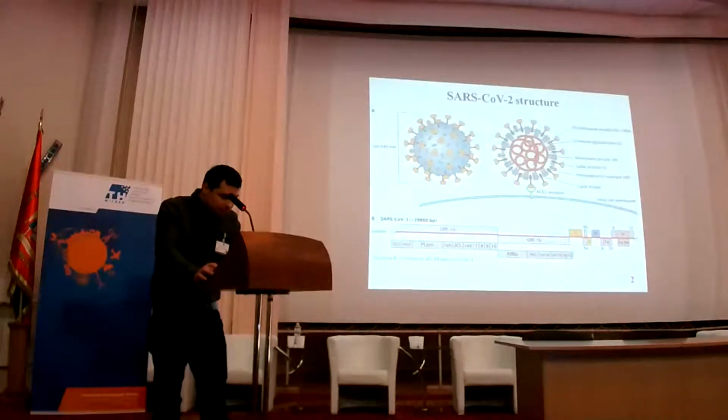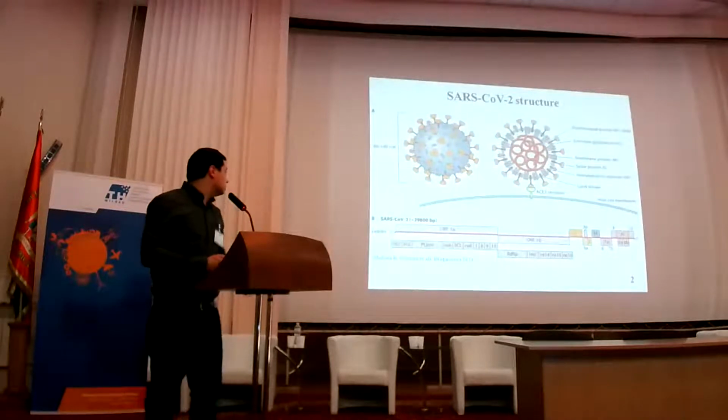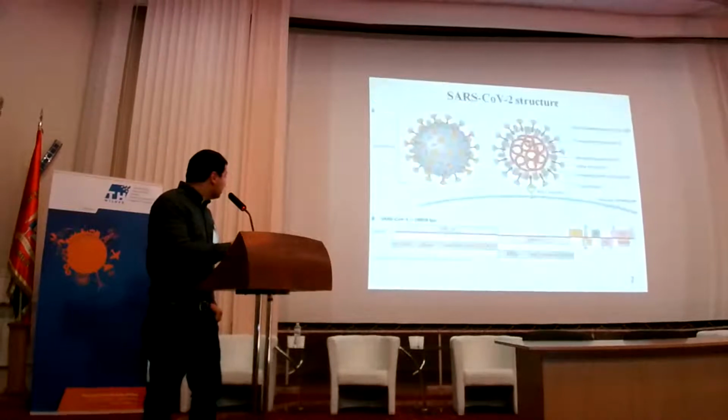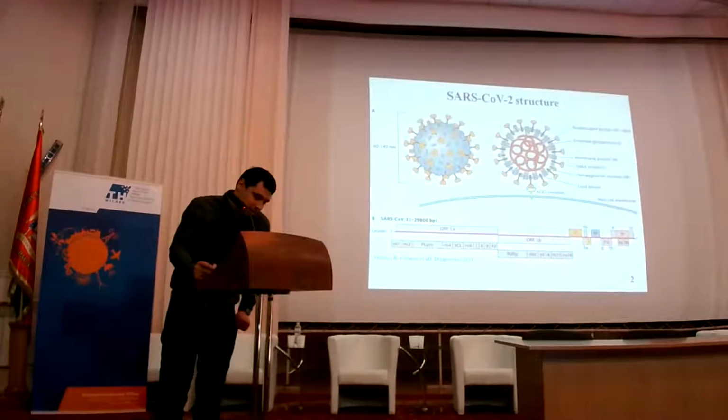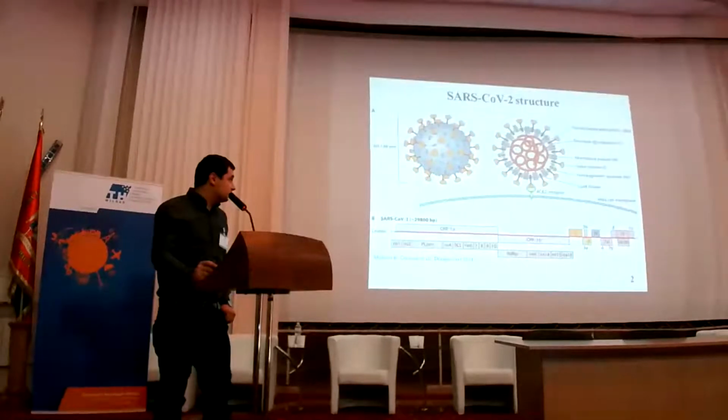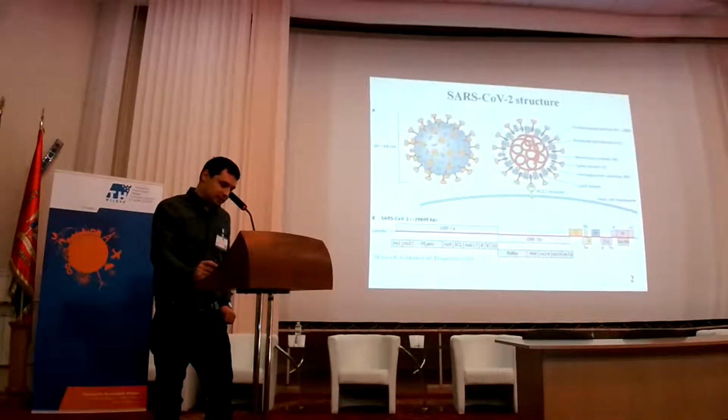So, as I mentioned, here you can see the structure. The size of the coronavirus in diameter can vary from 60 to 140 nanometers, and like all other coronaviruses, SARS-CoV-2 contains the main proteins: spike protein, envelope, membrane, and nucleic acid protein.